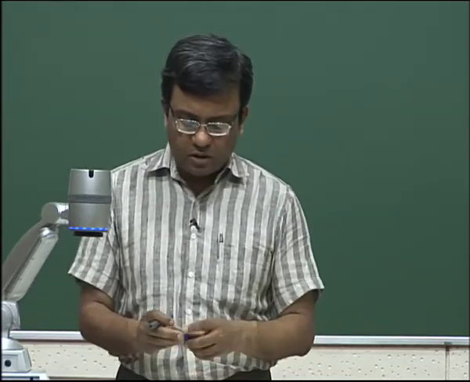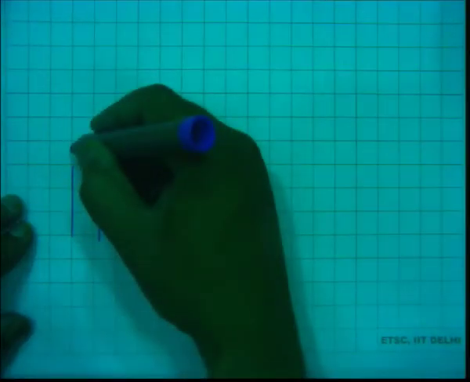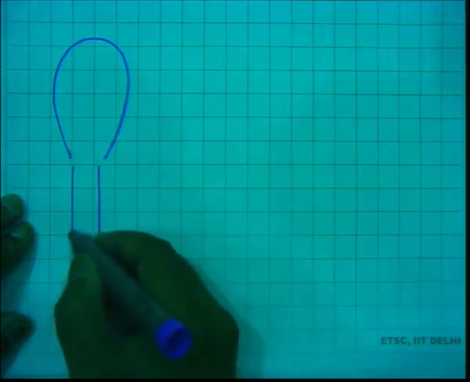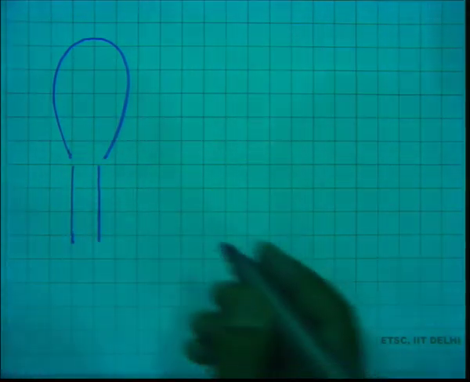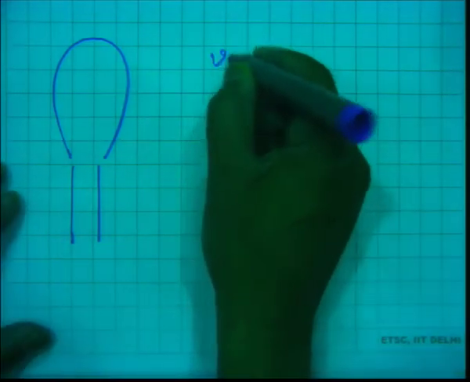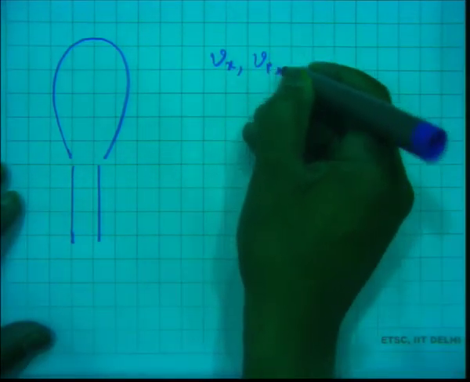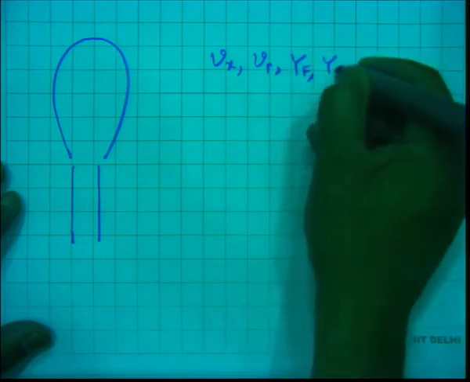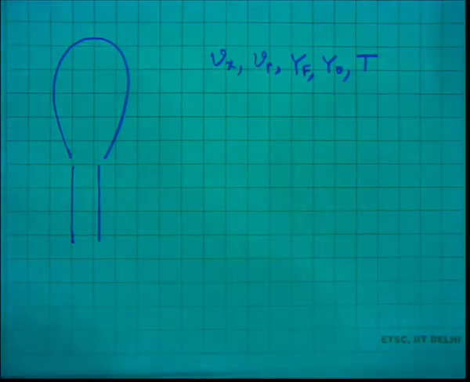And let us think about the solution once more. Let us say we have a flame like this. One option would have been to solve for Vx, axial velocity, radial velocity, and Y fuel, Y oxidizer, and temperature using their basic equations.